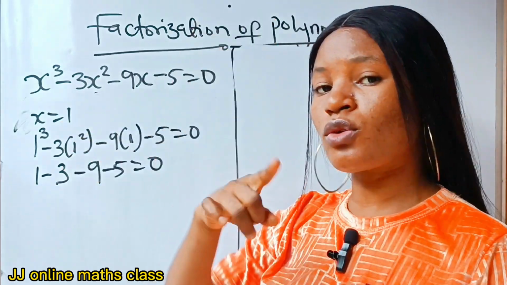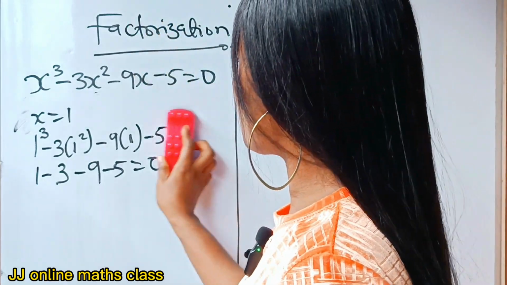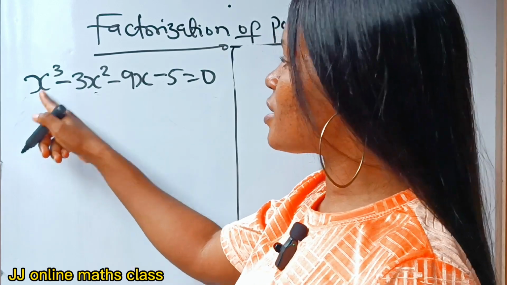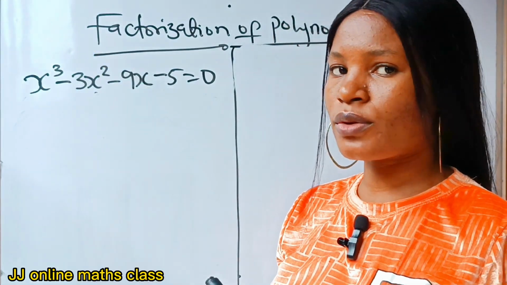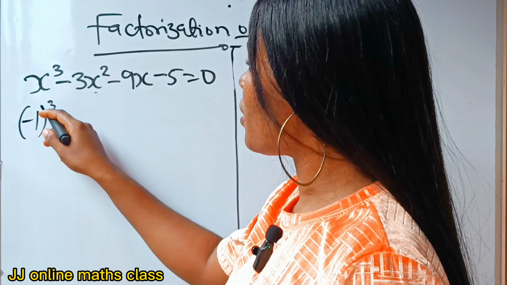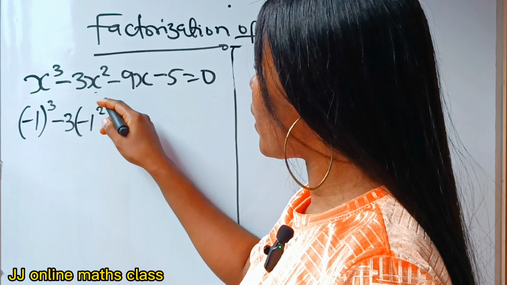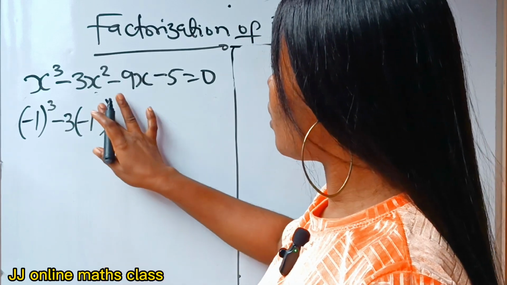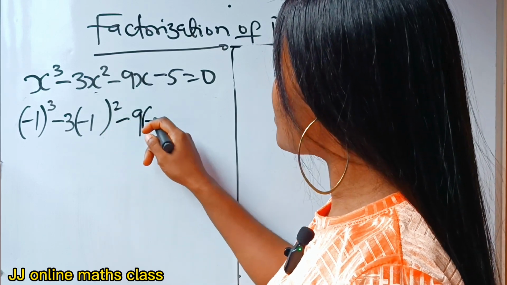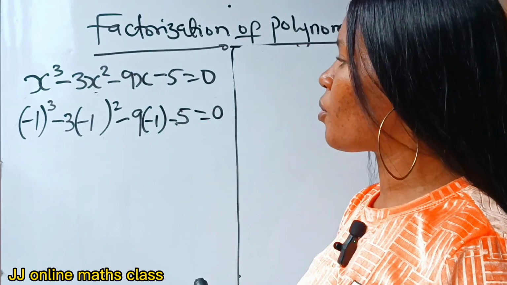So let's check minus 1. We've checked 1. Let's try minus 1. So we are going to check x equals minus 1. So anywhere we see x now, we are going to put minus 1. So we have minus 1 to the power of 3 minus 3 bracket minus 1 squared, then minus 9 bracket minus 1 minus 5 is equal to 0.